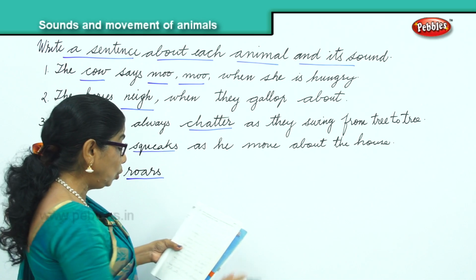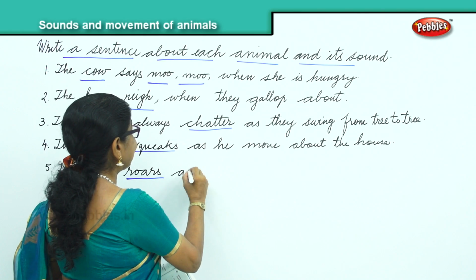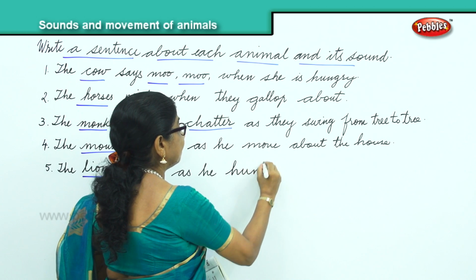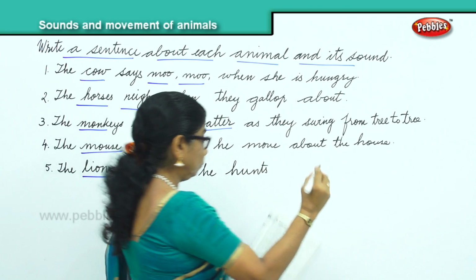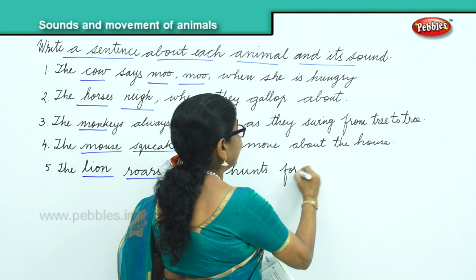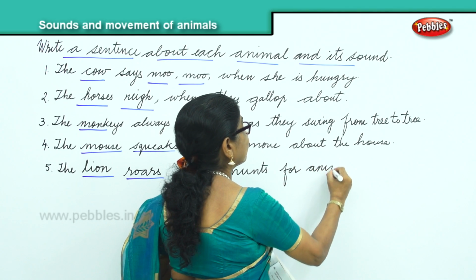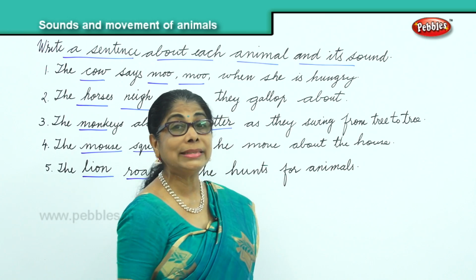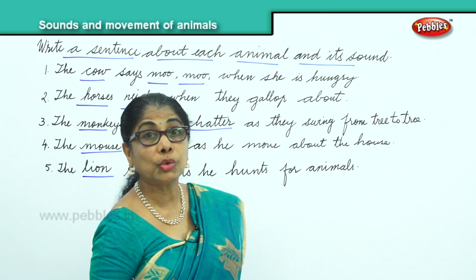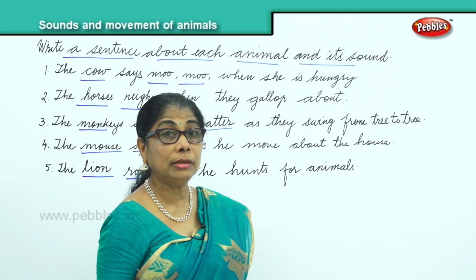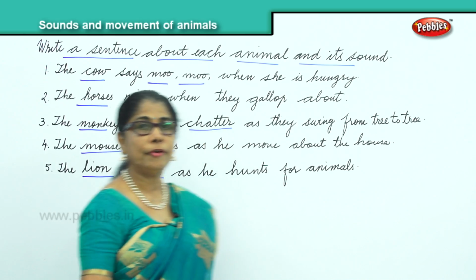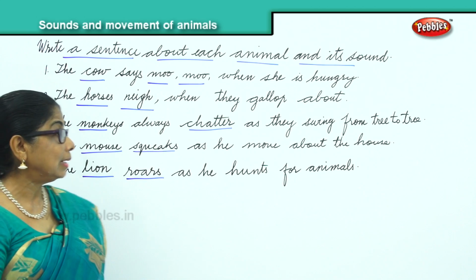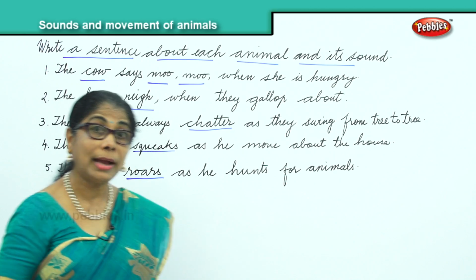The lion roars as he hunts for animals. A lion is hungry. He always eats smaller animals. So when he hunts, he goes about, he roars, searching for something to eat. The lion roars as he hunts for smaller animals.